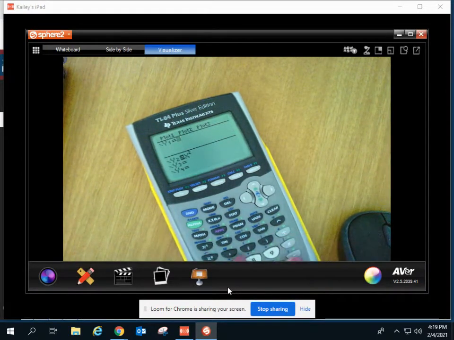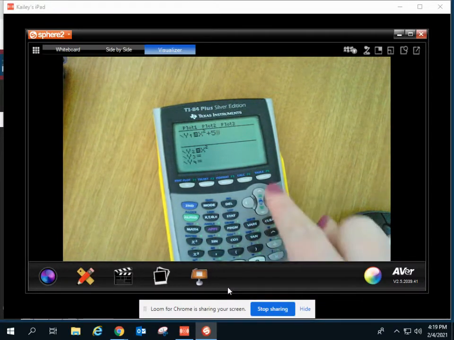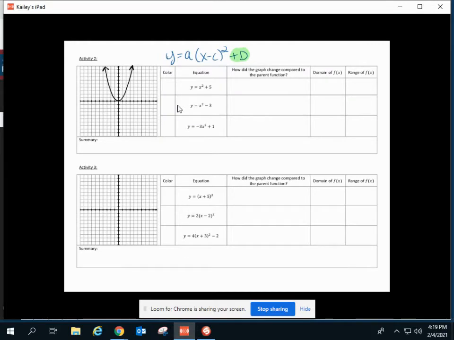So in y1, I'm going to graph x squared plus 5. And then I still have the parent function in y2. Graph. First function, boom, moves up 5. Parent function obviously stayed where it was. So when we see a positive D value at the end of our function, that is going to move the graph up 5.